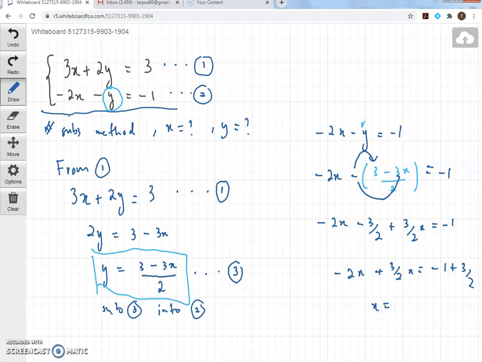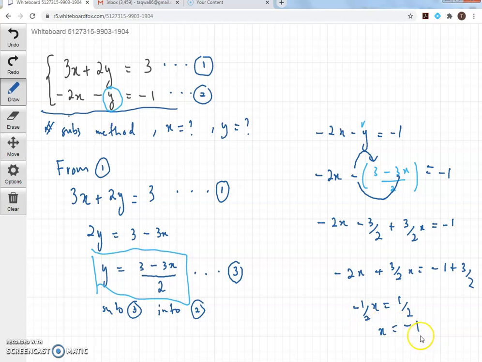You can put the values into your calculator: negative 2 plus 3 over 2. I think you are supposed to get negative 1 over 2x. And here if you put it into your calculator, you are supposed to get half. So it will be half divided by negative half. It's supposed to be negative 1. This is the value of your x.